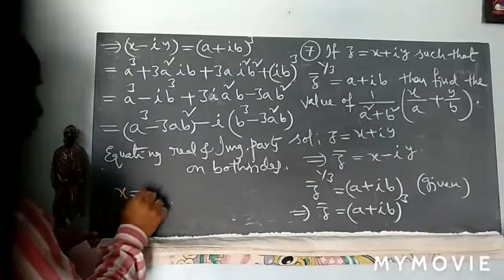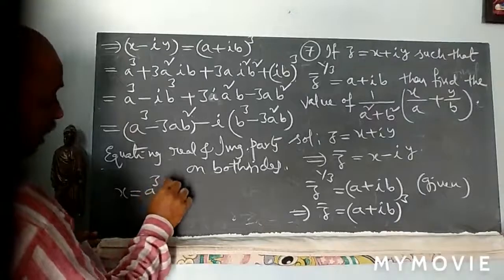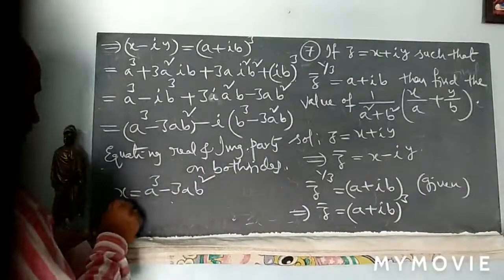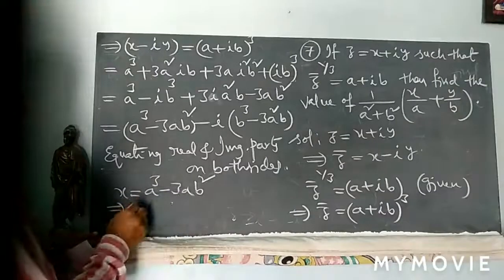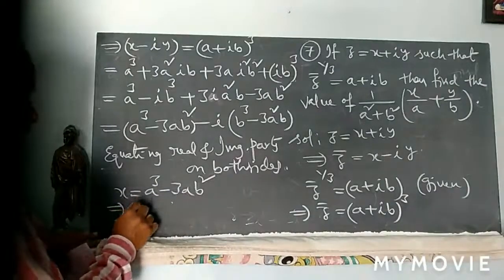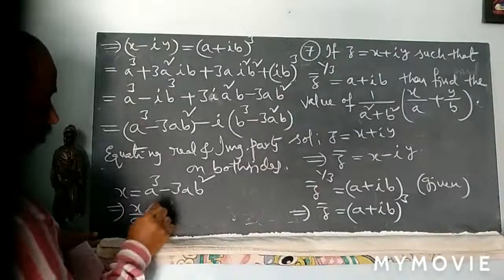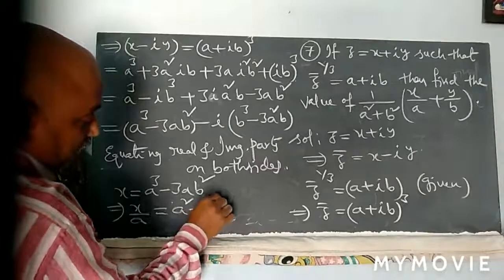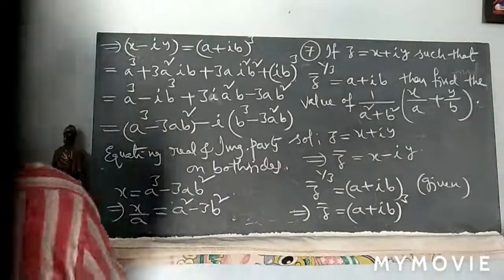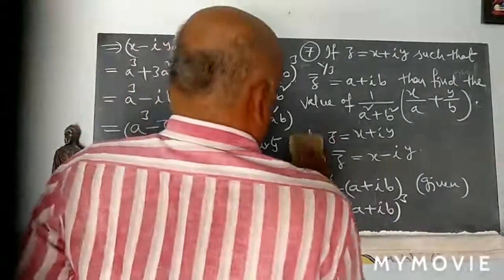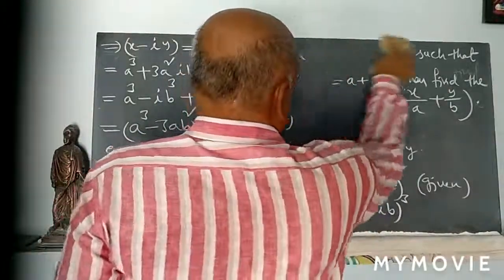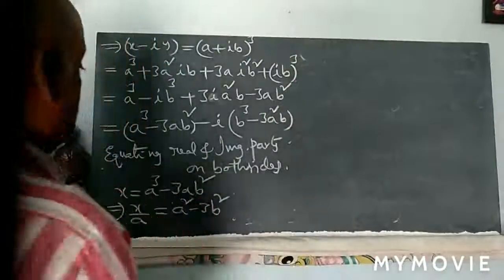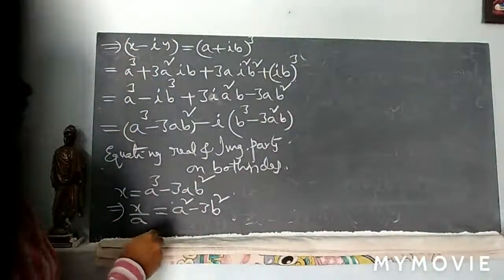x is equal to a cube minus 3a b square. This implies a is common, and writing a as denominator, x by a is equal to a square minus 3b square. So this is regarding the real part. Now what about the imaginary part?